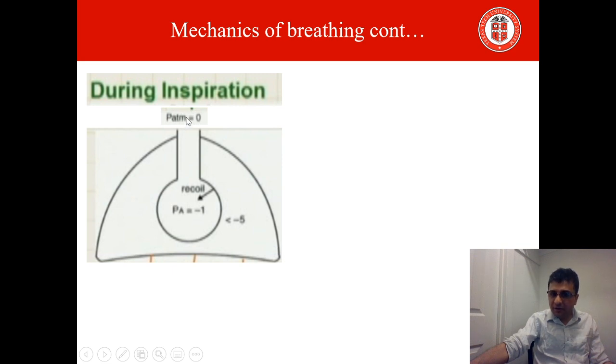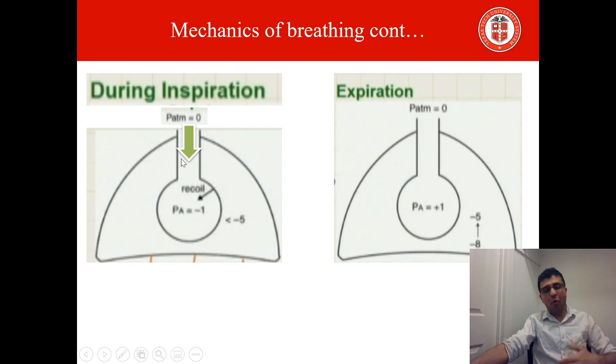So now here it's 0, here it's -1. So with a negative pressure in, air moves from high pressure to low pressure, and that's how we inspire. And the exact opposite set of things happen once we expire. Once our respiratory muscles go back to their original position, the pressure inside increases. In the atmosphere, it's again zero, so it's higher inside, lower outside, so the air is going to move out.